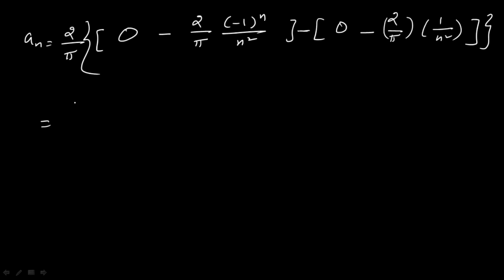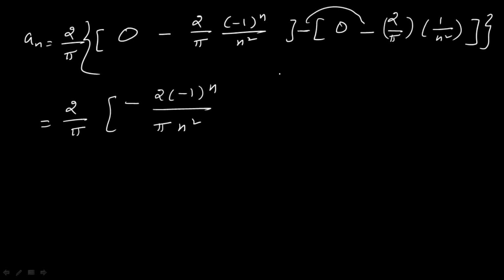Let me simplify this. It gives you the value of an. So 2 by pi, minus of 2 times minus 1 whole power n divided by pi n square. Here the 2 minus becomes plus. So 2 divided by pi n square. In both of these, 2 by pi n square is a common term. Take it outside.